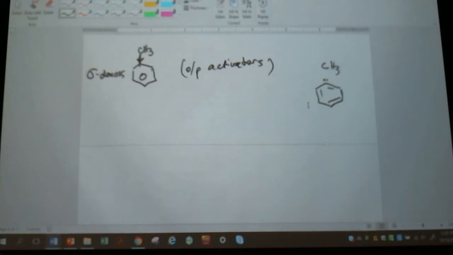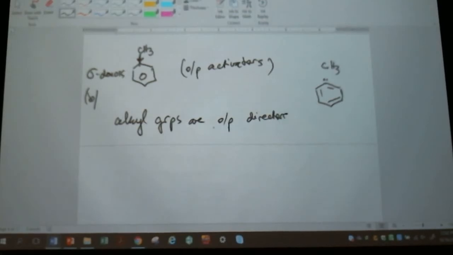It's not nearly as strong as the one through the pi system, but there is a net effect of alkyl groups being electron donors. So again, having alkyl groups makes them ortho-para directors, and they are also activators.